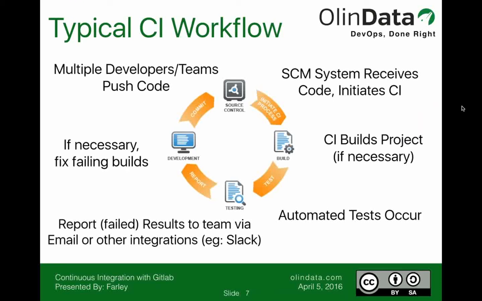If any of the integration tests fail, using one or many notification mechanisms, such as sending an email or sending a message to a team on Slack or HipChat, any failures that the developer caused should then be fixed by that developer, which then completes the typical CI workflow lifecycle, until eventually the code passes all the tests and it's ready for deployment to live systems.